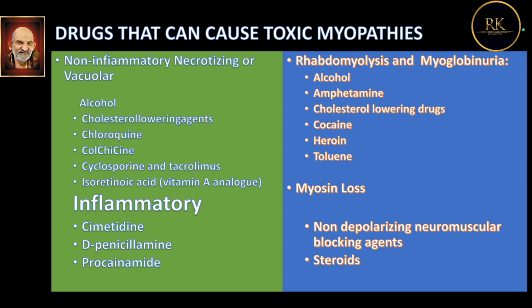If the myopathies are associated with rhabdomyolysis or myoglobinuria, the causes include alcohol, amphetamines, cholesterol lowering drugs, cocaine, heroin and toluene. If it is associated with myosin loss, the causes include non-depolarizing neuromuscular blocking agents and steroids.